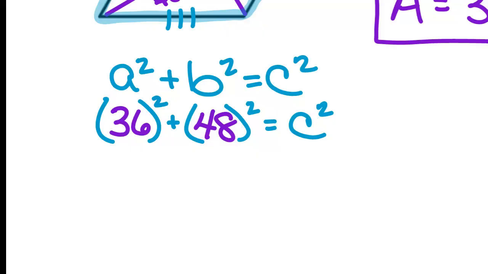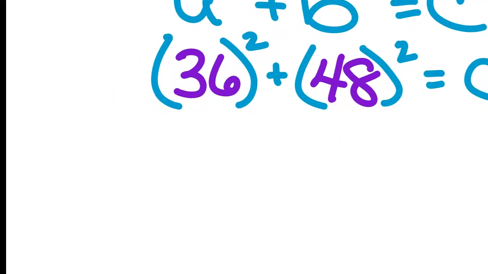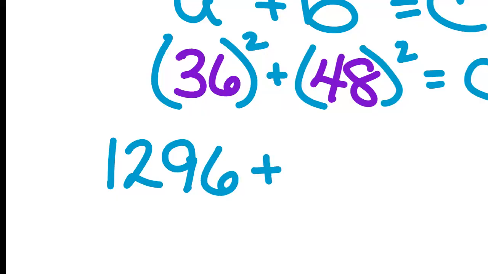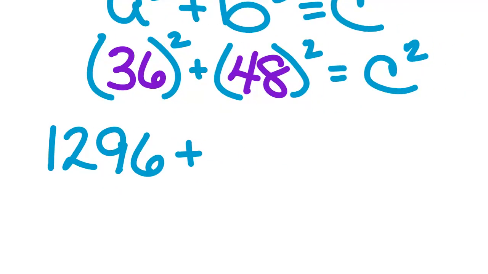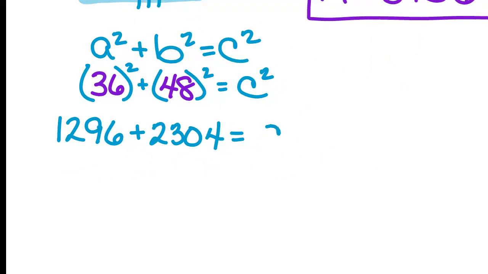What is 36 squared? 1,296 plus what's 48 squared? 2,304. Then we have to add those two together.